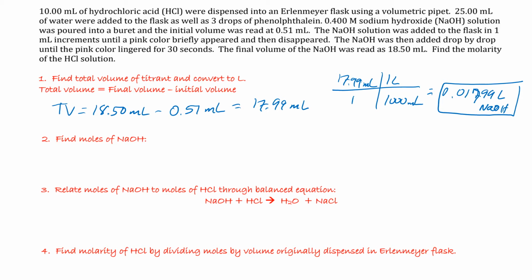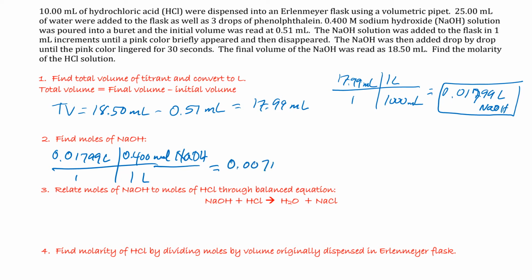You're going to take your volume in liters and multiply that by the molarity of NaOH, so 0.400 moles of NaOH over 1 liter. So my moles of NaOH is going to be 0.007196 moles NaOH.